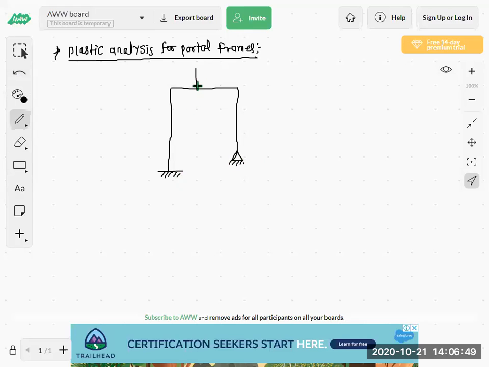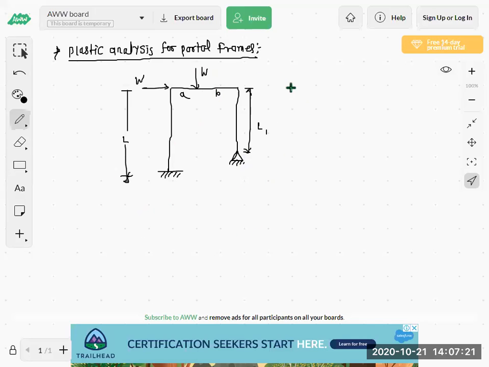If there is any vertical load on the beam, with value W, this is the length L, and this is the length L1, AB. So like this any portal frame may be there.